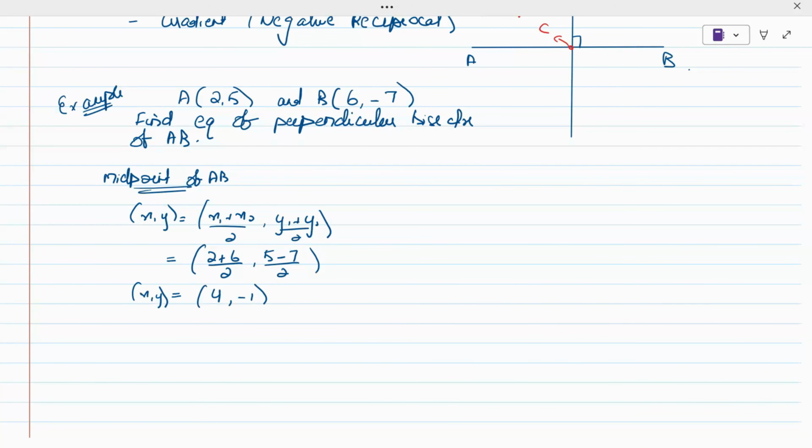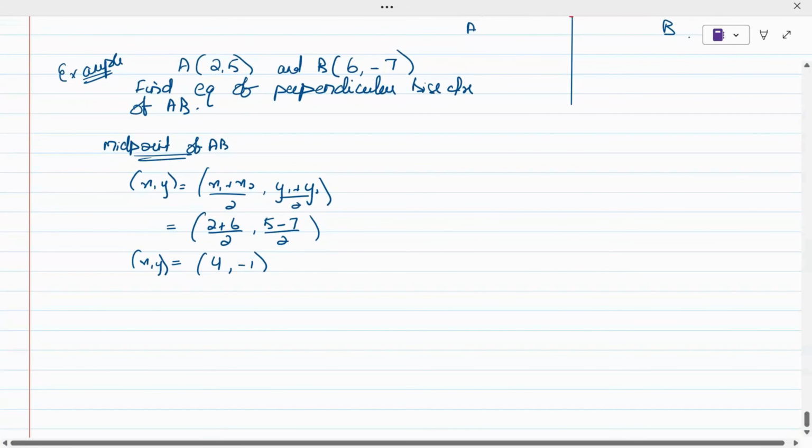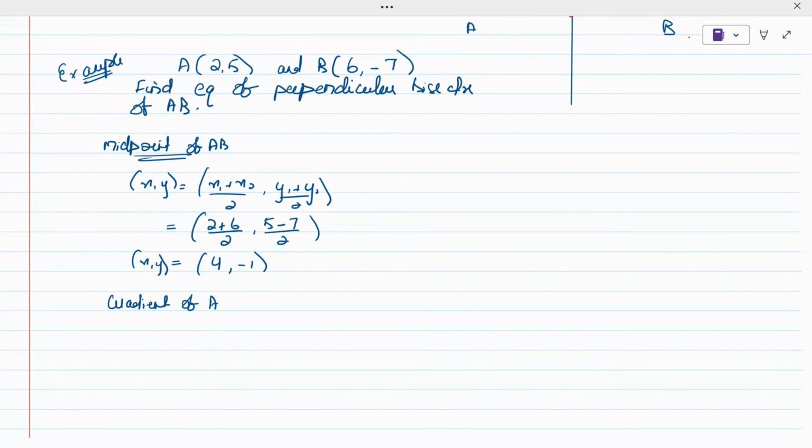Now we'll find the gradient of AB. Gradient of AB would be y2 minus y1 upon x2 minus x1. Y2 minus y1 would be minus 7 minus 5 upon 6 minus 5. So minus 7 minus 5, that's a minus 12. 6 minus 5, that's a 1.